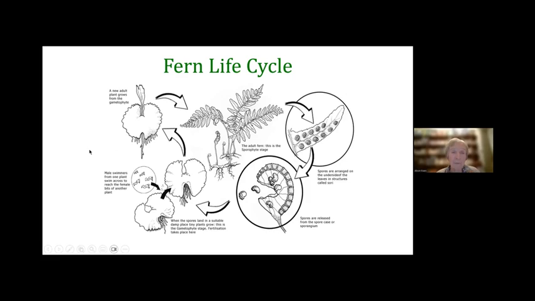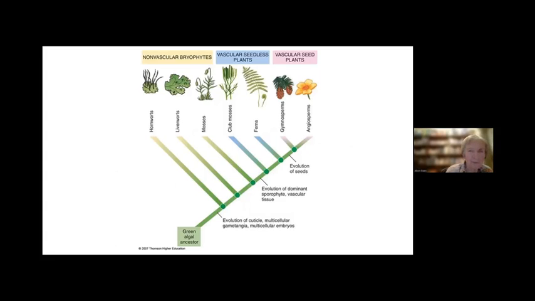And apomixis basically means without mixing, so no sex. Anyway, there's this alternation of generations, and we rarely see these gametophytes. As soon as the sporophyte comes, it releases chemicals that actually suppress the gametophyte. So probably enough about that.